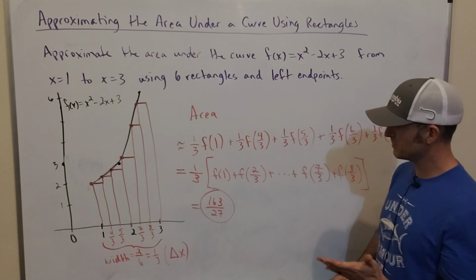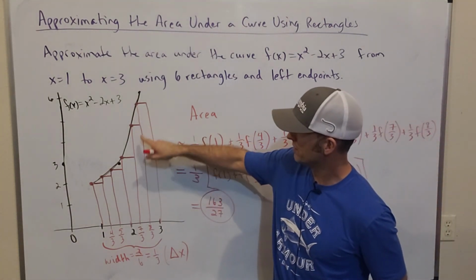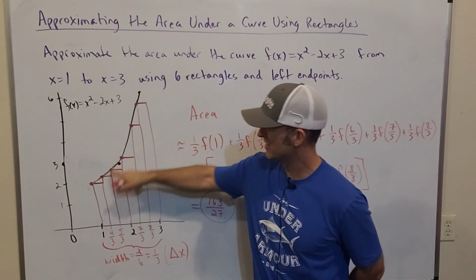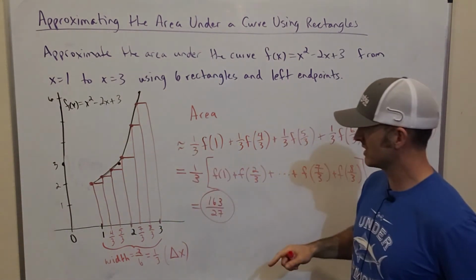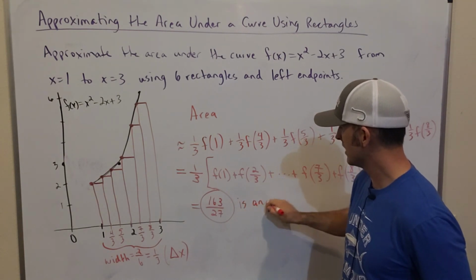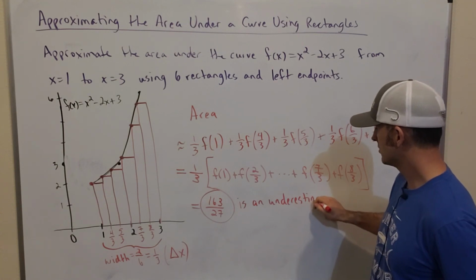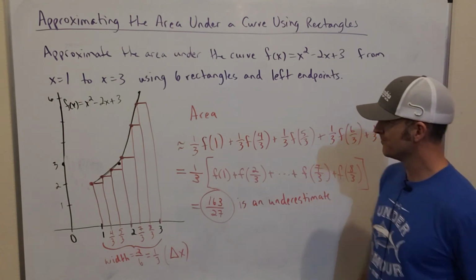Now, the other concept I want to mention here is that since all of these rectangles live underneath the curve, this is an underestimate for the area, okay? So it's kind of nice to know that.